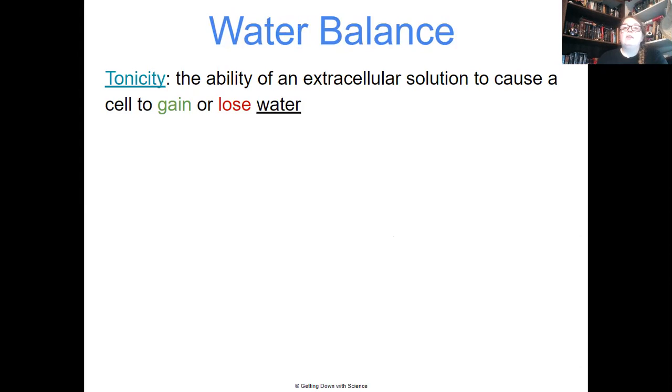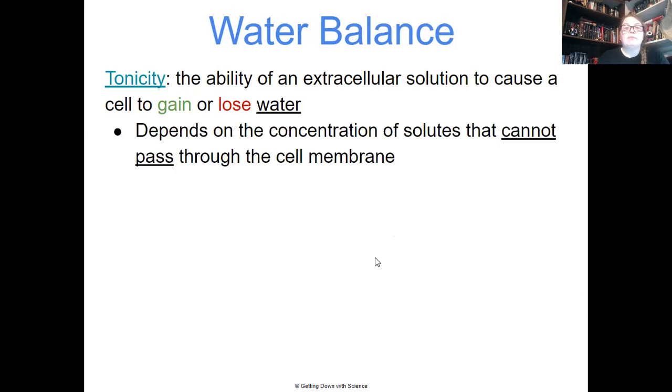So depending on what kind of environment a cell is in, it can take water on or lose water, because the solution is going to want to reach an equilibrium where it's the same concentration on both sides. It depends on the concentration of solutes that cannot pass through the cell membrane. Because if they can pass through the cell membrane, instead of water moving, the solute will move, and it won't even be a deal.